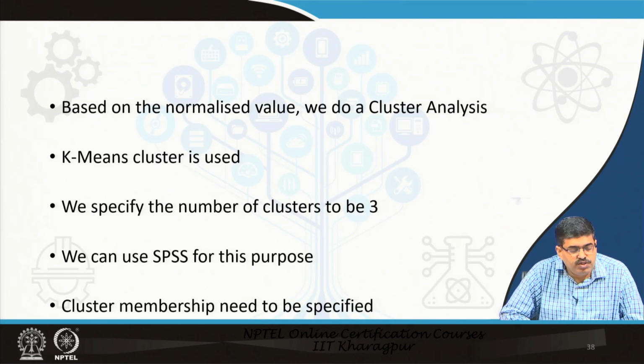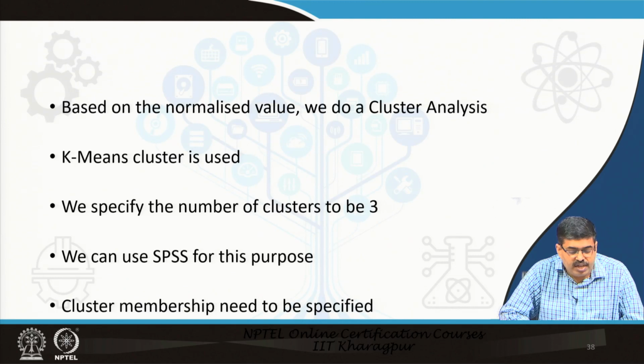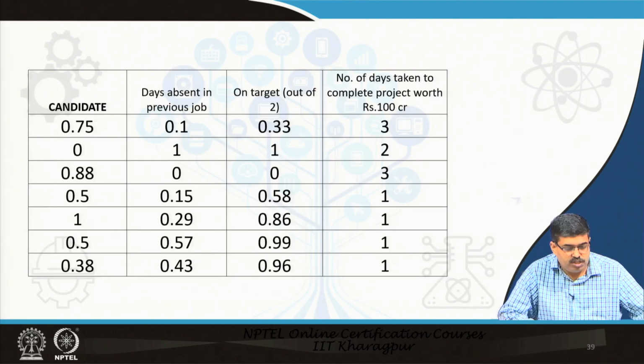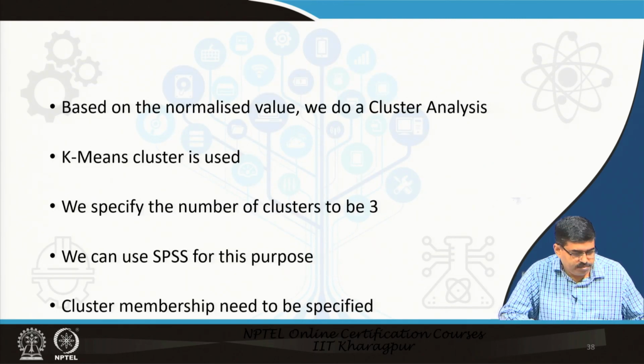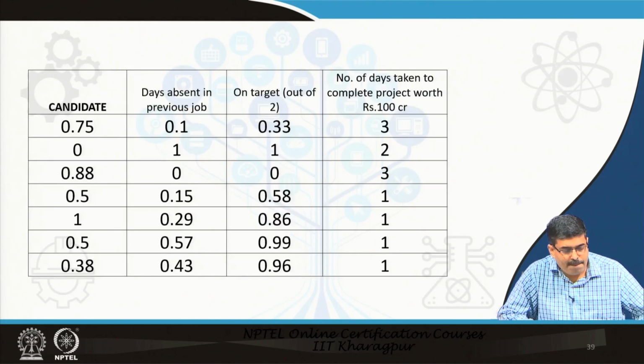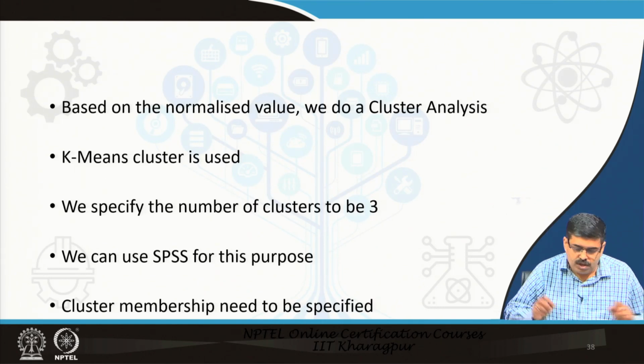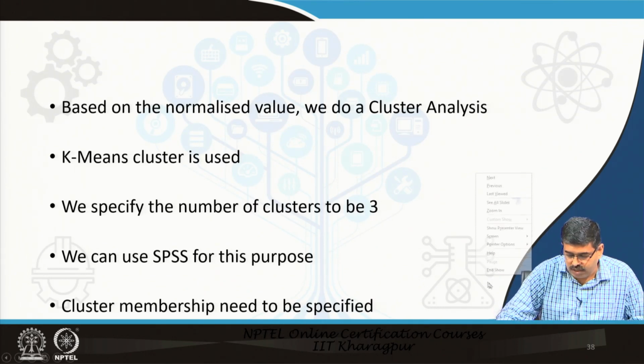What cluster analysis do we do? K-means clustering. We specify the number of clusters to be 3. We can use SPSS for this purpose, and cluster membership needs to be specified. Now, I will show you how this is done.